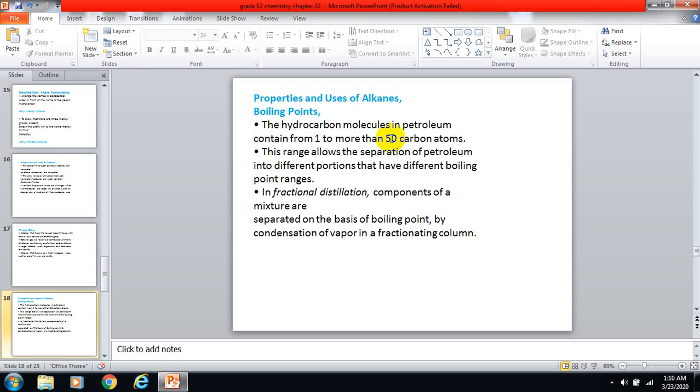They extract the crude oil, which is dense, gray or purple in color. By passing it through different temperatures, it gives you different ranges of petroleum substances, or petroleum products.